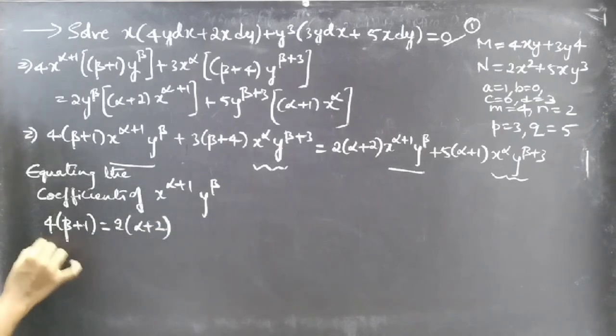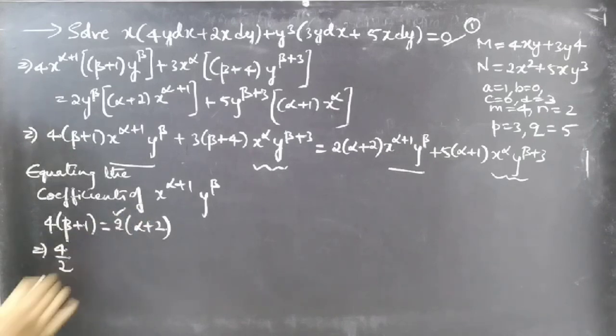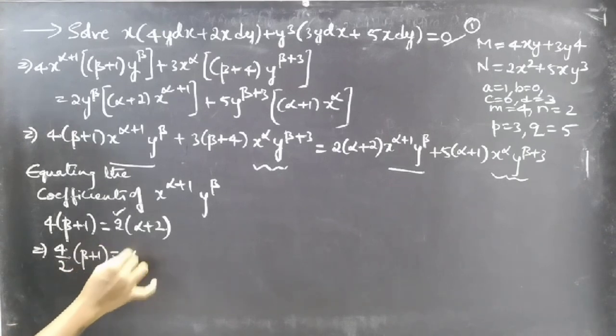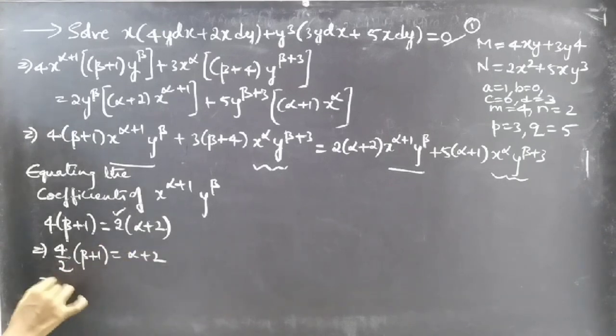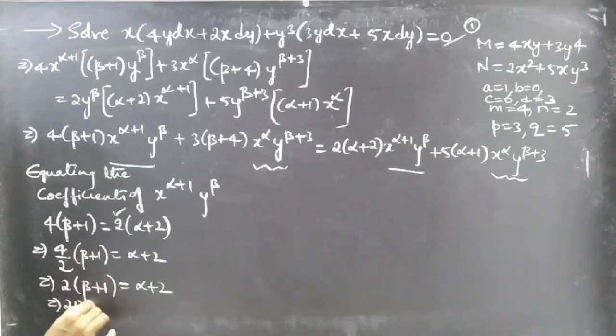Bringing this to LHS, we get 4 by 2 into (beta plus 1) equals alpha plus 2, which gives us 2 times (beta plus 1) equal to alpha plus 2, or 2 beta plus 2 equal to alpha plus 2, right?